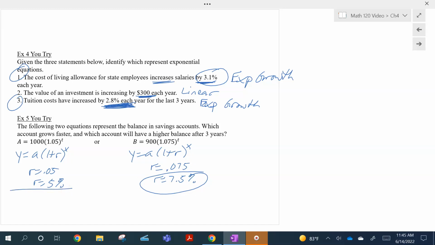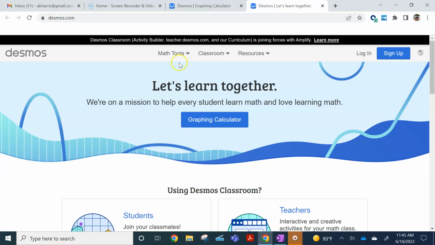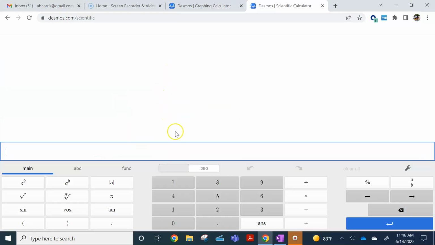Now how about after 3 years? How much will we have after 3 years? Well, let's plug 3 in. 1.05 to the third. Enter. And then I'm going to multiply it by the 1,000 in front.